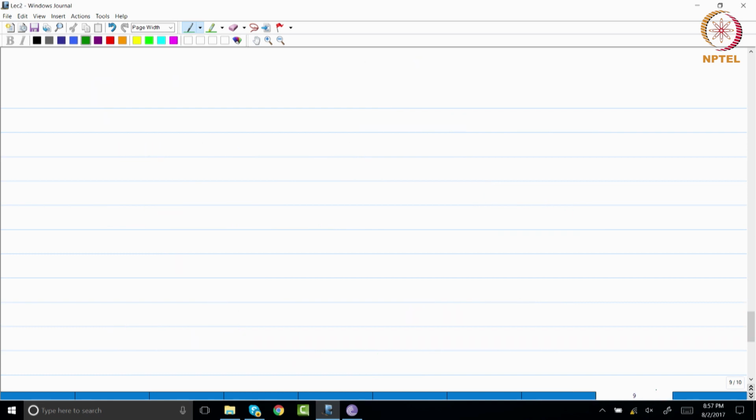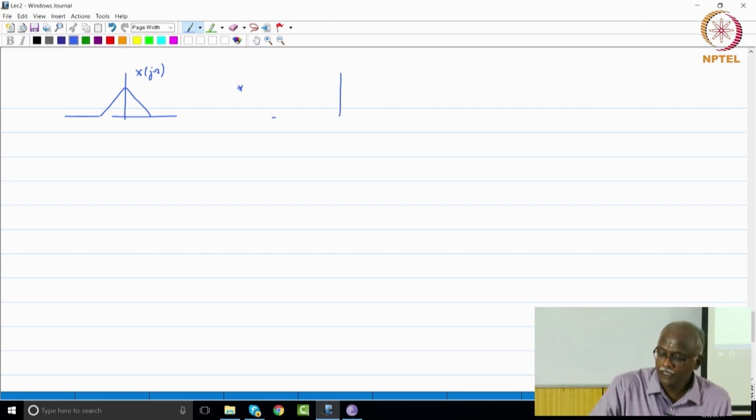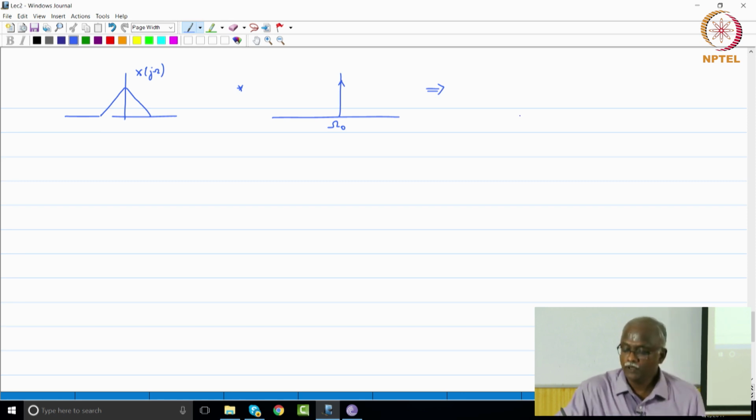Okay, so the convolution that we need to have, the property of convolution: if this is my input spectrum X of j omega, convolved with a Dirac delta at omega naught, this gives me the following result. It basically shifts the spectrum to the center frequency of the Dirac delta.